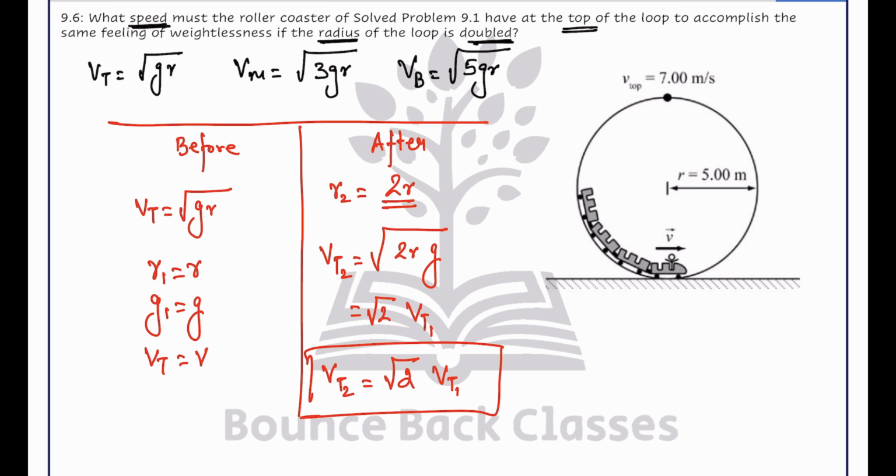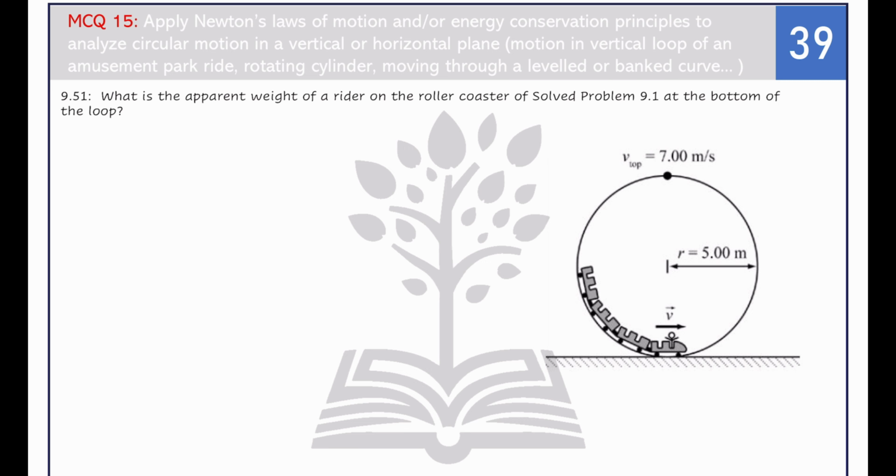Clear? Understand? Okay. Now we have the next question. Now the question is, what is the apparent weight? Okay, what is the meaning of apparent weight? Guys, this is something very, very interesting. You should know what is the meaning of apparent weight. So apparent weight means the net force. You can say FC. What is the apparent weight?